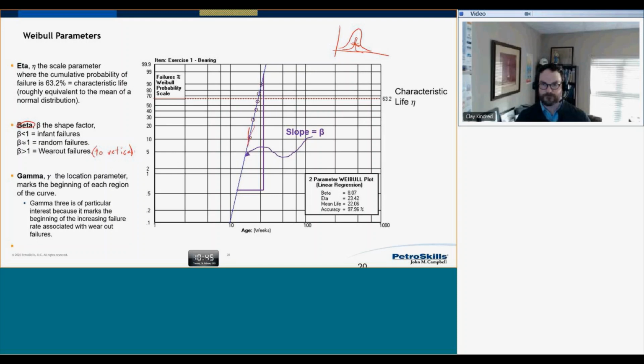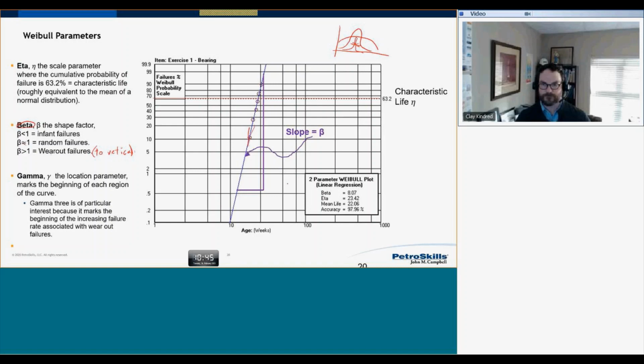If my beta factor is about 1, that means you've got a distribution something like that. Don't even think about doing maintenance on this. Well, at least don't do planned maintenance. Wait until the thing breaks and have a plan for what you're going to do when it does break. That might mean keep a stock of seals.